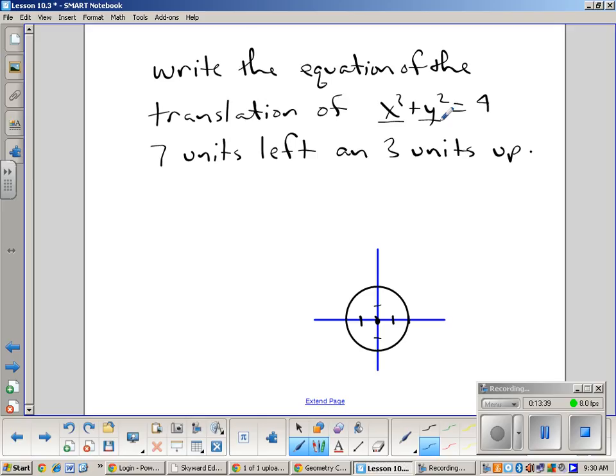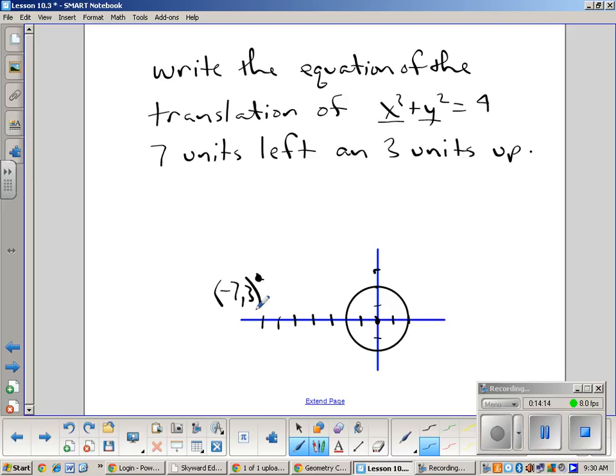So if I move it 7 units left, 1, 2, 3, 4, 5, 6, 7, and 3 units up, one, two, three, then my new center would be right there. What are the coordinates of that center? -7, 3.